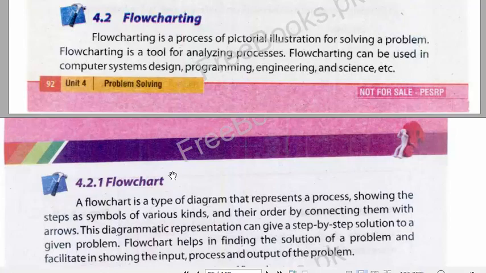Flow charting can be used in computer system design, programming, engineering, and science, etc. Pictorial illustration means that it is like drawing. You are drawing specific characters by using predefined shapes.